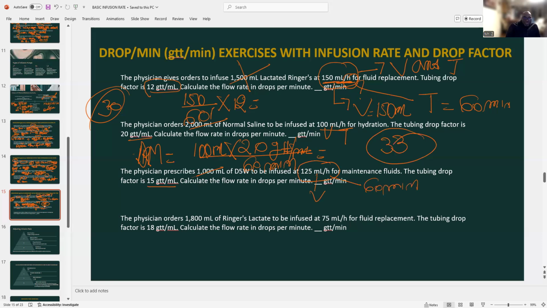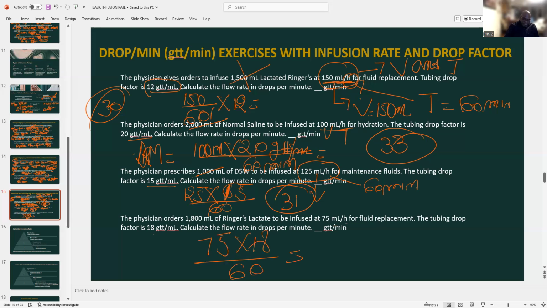So you will do 125 times 15, that is your drop factor, divided by time, which is 60 minutes. 125 times 15, and divide that by 60. So you have 31 drops per minute. So right there, I got volume and time. My drop factor is 18. So you will have 75 times the drop factor, which is 18, divided by 60.